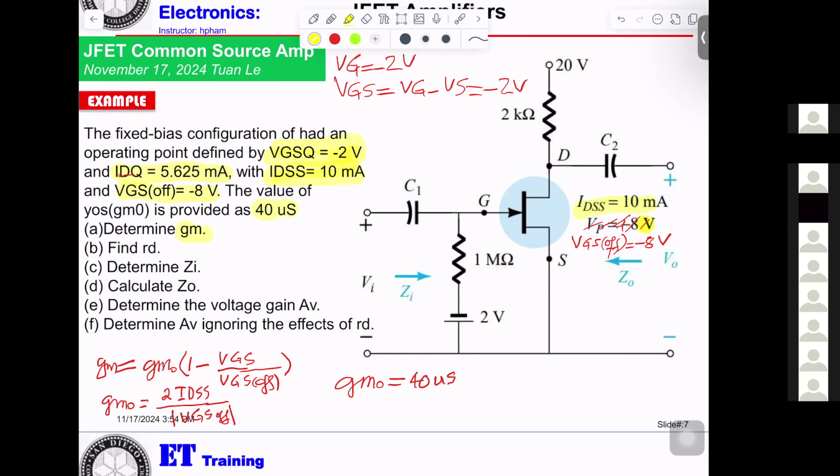So gm equals 40 times 1 minus VGS, negative 2 volts, divided by negative 8.